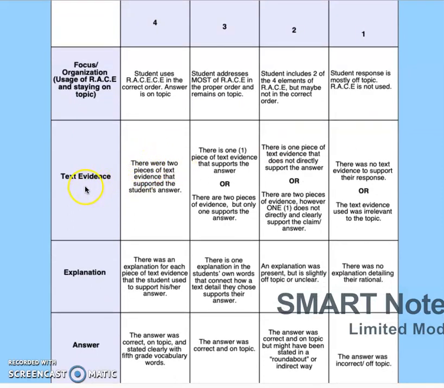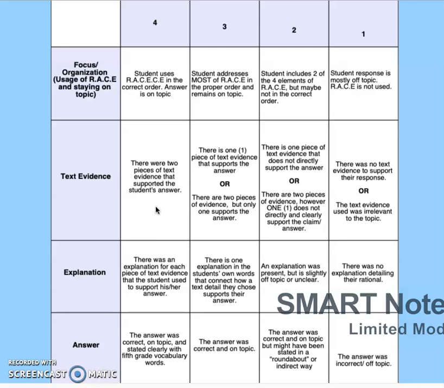For text evidence, to get a 4, you need 2 pieces of evidence that support the answer. That means both details or pieces of evidence you use need to relate to and support the answer you have in your constructed response.